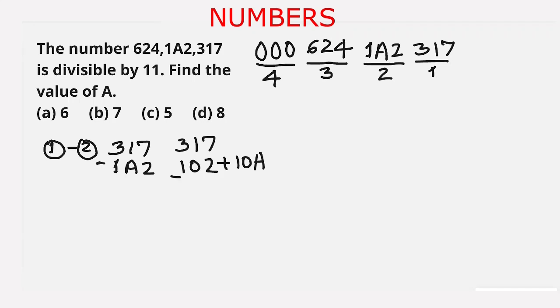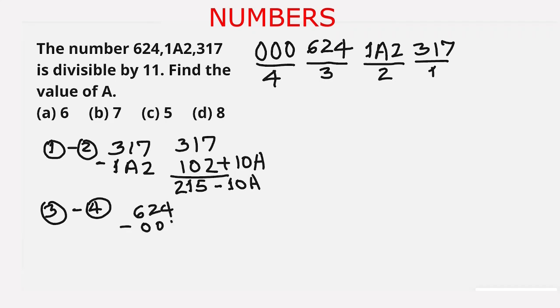And now we subtract it, and what do we get? 7 minus 2 is 5, 1 minus 0 is 1, and 3 minus 1 is 2. So this is 215 minus 10A. Now we subtract set 3 minus set 4, and that is 624 minus 000 is 624.